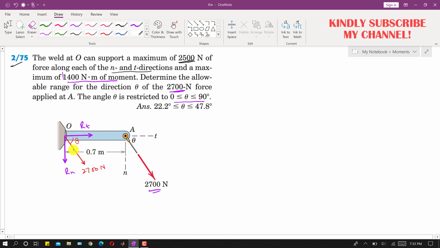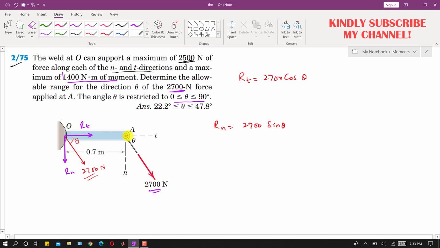So now we can say that RT is the cos component of this 2700 Newton, so this is 2700 cos of theta, and similarly RN is equal to 2700 sine of theta, right?